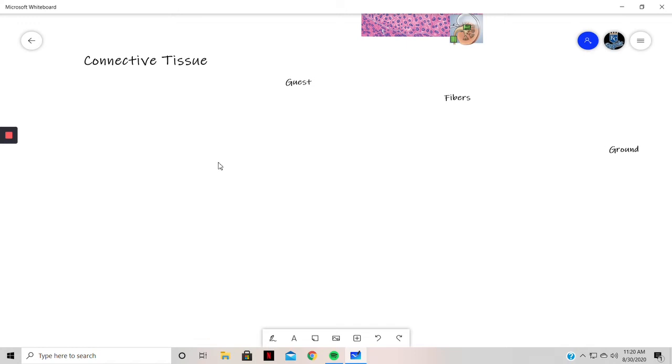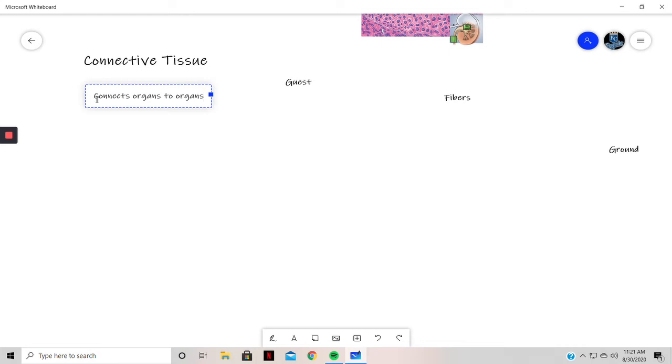So let's get a little box here and start putting this in print so you can see what we're going on about. Obviously it connects, and it connects organs to organs. So things need to be held in place and use each other for support.